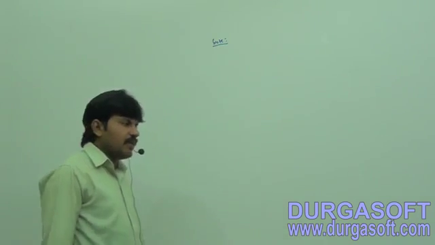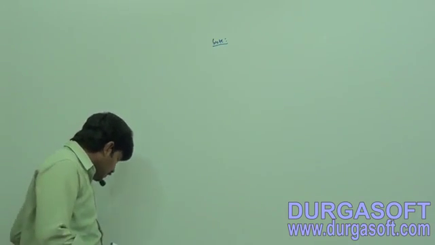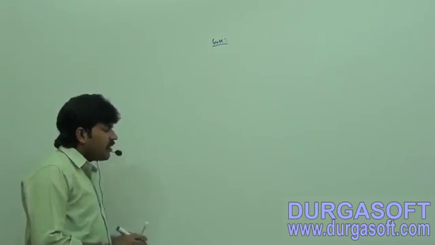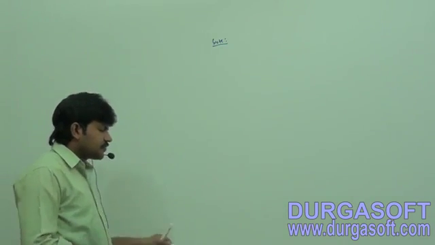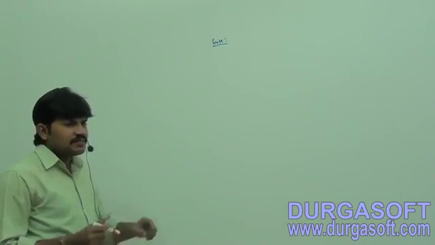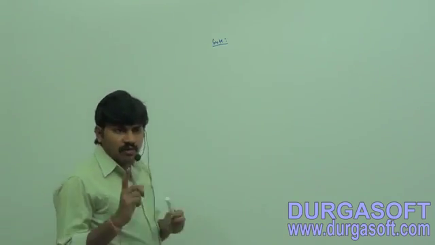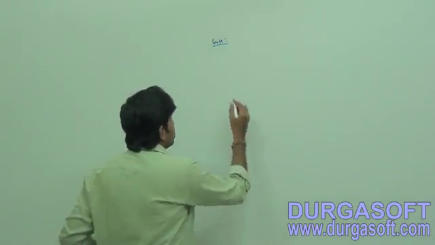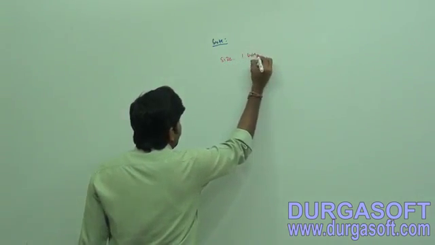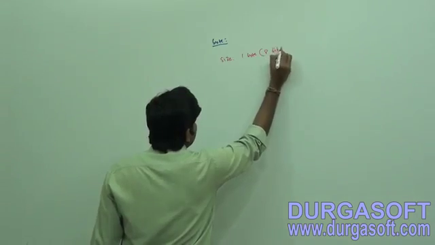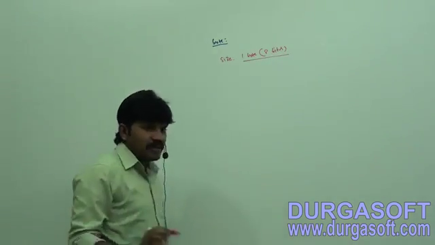First one, byte data type. What is the size of the byte? Byte data type is 1 byte. 1 byte is nothing but how many bits? 8 bits.